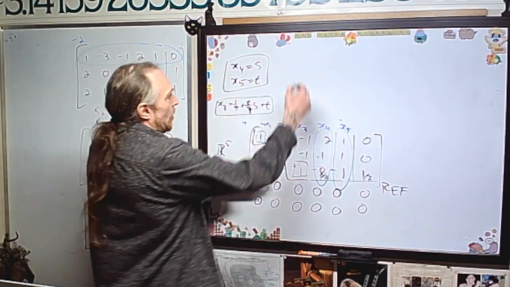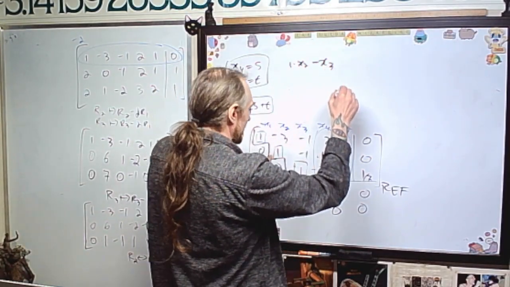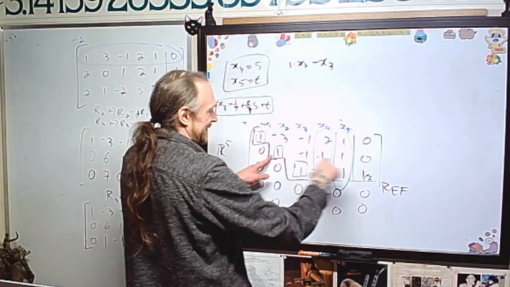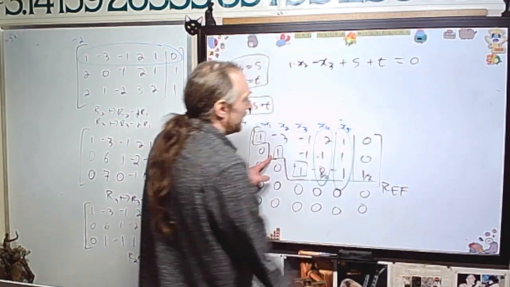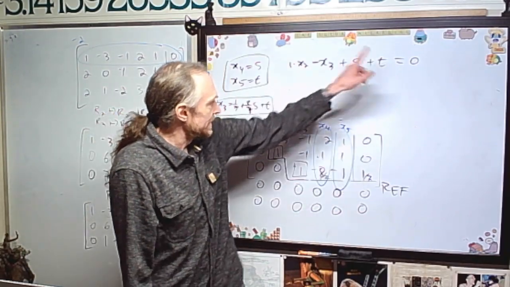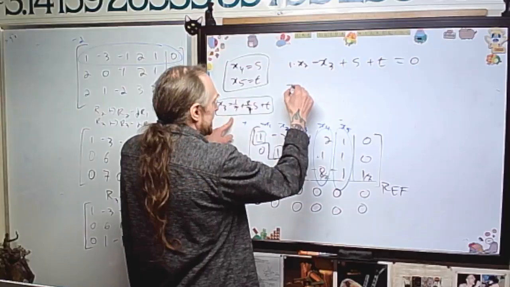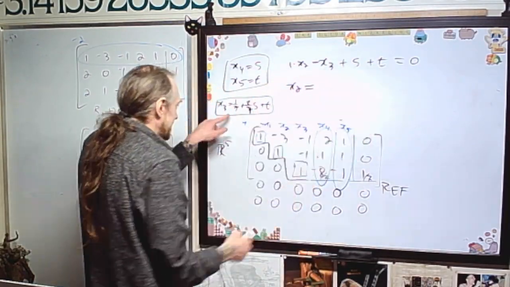This one says 1 times x2 minus x3 plus s plus t equals 0. Oh, I see why they started to hate us now, because we have to do all the adding. I've already added in x4 was s, x5 was t, x3 is this hot mess. So that says x2 is equal to, I'm going to bring it over, x3.